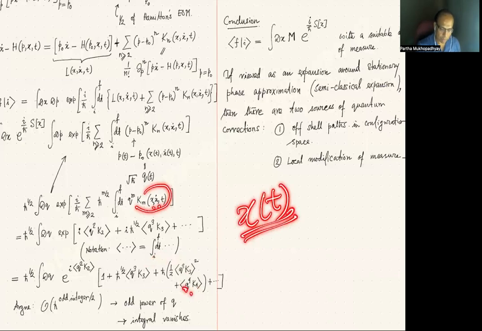That means to calculate that quantity after performing the q path integration, the quantity that you are left with will involve an integral of the path. Because S is also an integral of a path, that is why it's a path integration. It is not integration over x, it is integration over the x path.